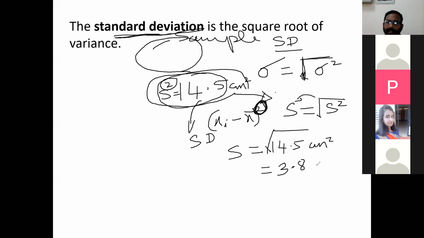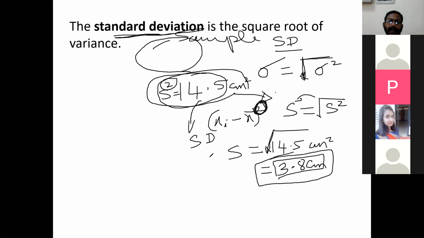Once again, what is the value? 3.8. What is the unit now? Centimeter, because the square root has already been taken. So now it is centimeter. Now we can explain this.